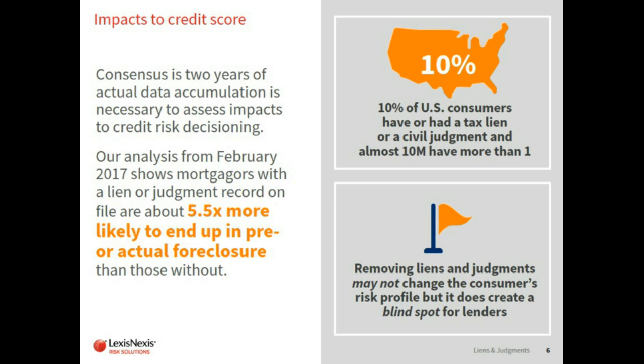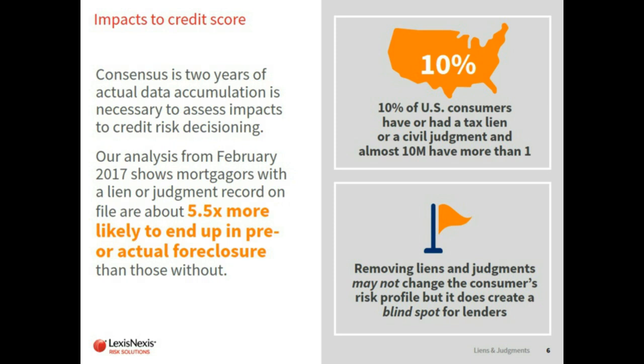But it's worth noting that the analysis that LexisNexis did back in February of 2017, we looked at mortgagors who had a lien or judgment and then looked at subsequent notice of defaults or foreclosures versus mortgagors, borrowers who have a mortgage but did not have any liens or judgments in their record. And what we saw was that there was a 5.5 times greater likelihood that those consumers, borrowers who had a lien or judgment on their record would end up in a significant delinquency, whether it was delinquency or foreclosure event.